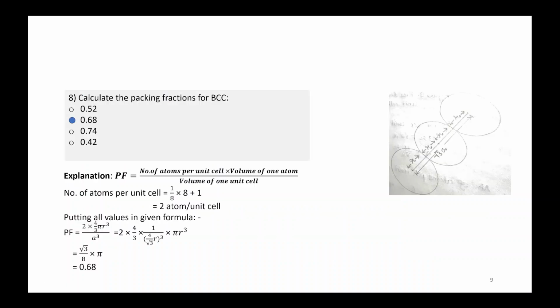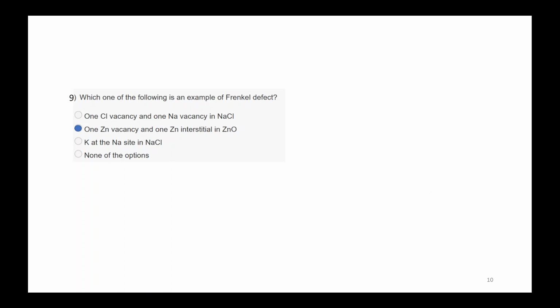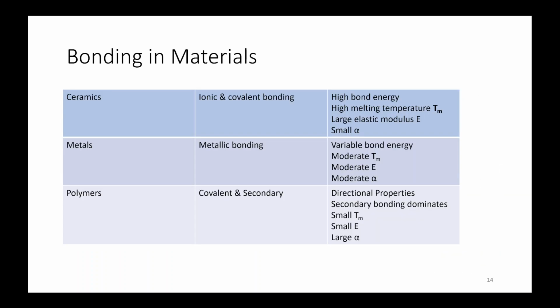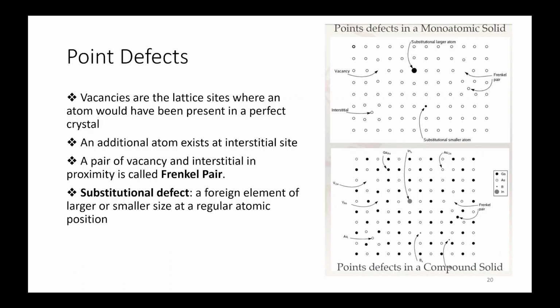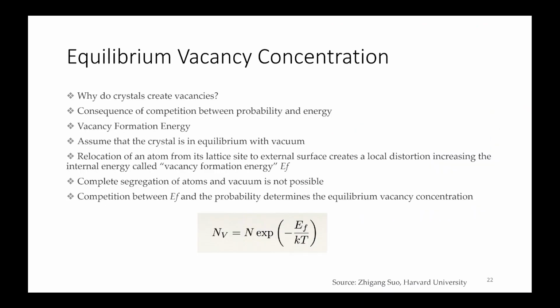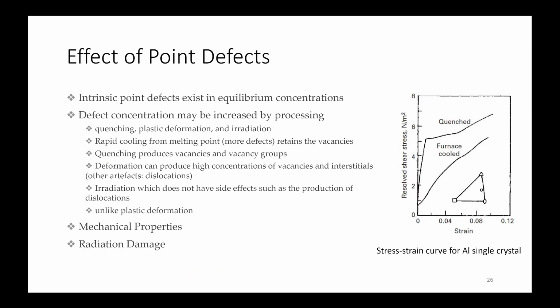This interstitialcy defect requires a lot of energy, so it can only occur in case of irradiation, when you are providing a lot of energy to the system. So interstitialcy and interstitial defect are both different. Interstitial means other atoms. For example, in steel, carbon is present in iron.